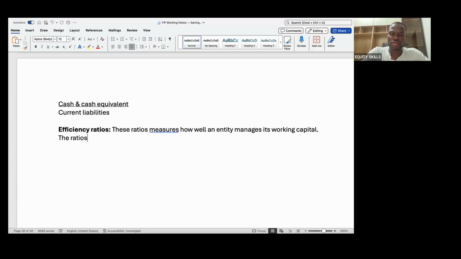And the ratios here are, we have trade receivables in days, or we can also call it trade receivable turnover period. We have trade payables in days.